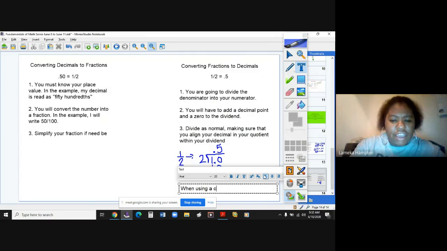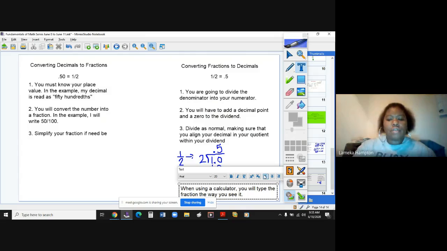When using a calculator, you would type it, meaning the fraction, the way you see it.